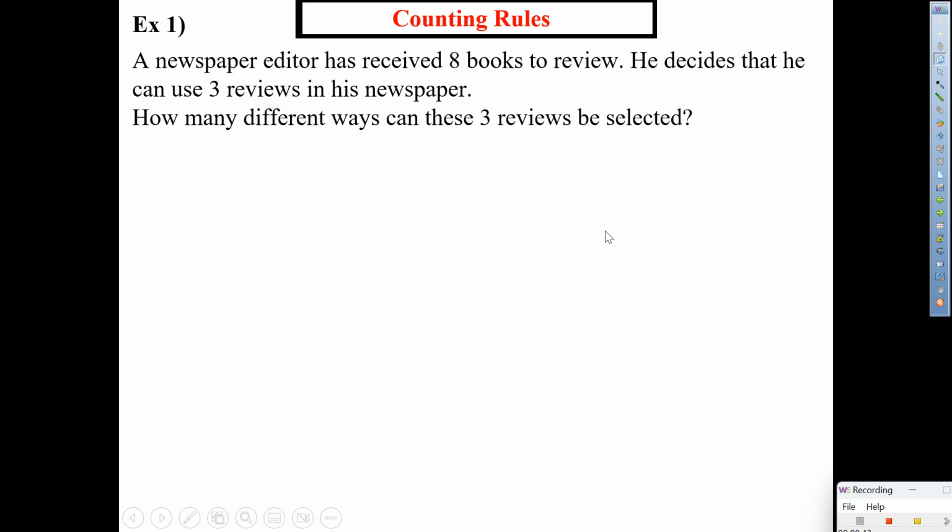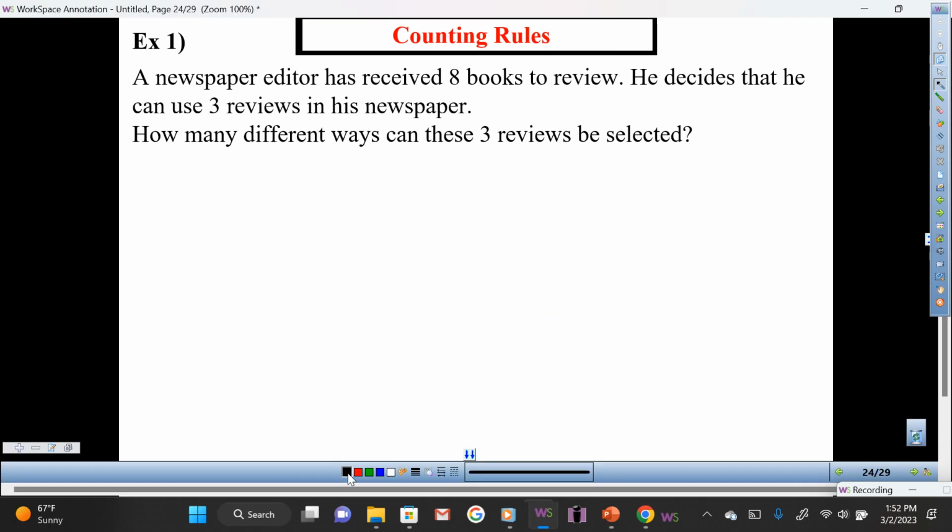Number one, here we go. It says, a newspaper editor has received 8 books to review. He decides that he can use 3 reviews in his newspaper. How many different ways can these 3 reviews be selected? Don't copy the problem, write your formula first. All right?